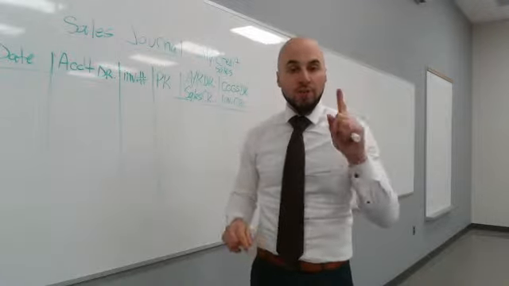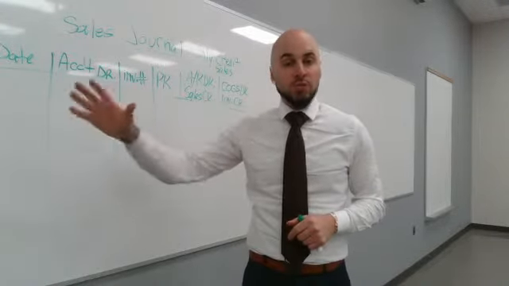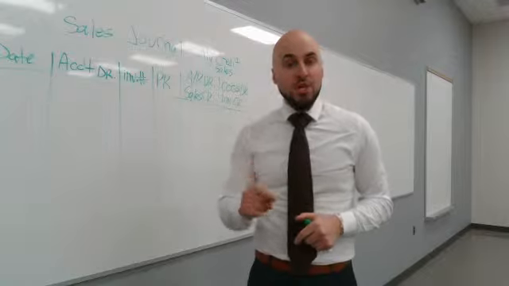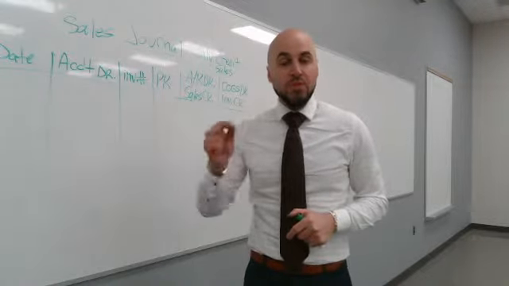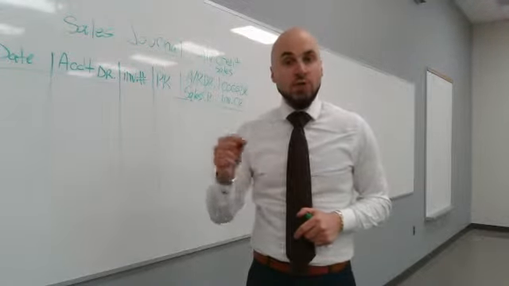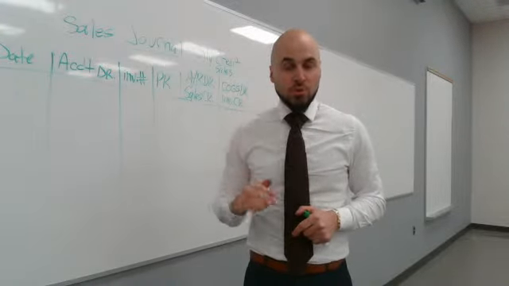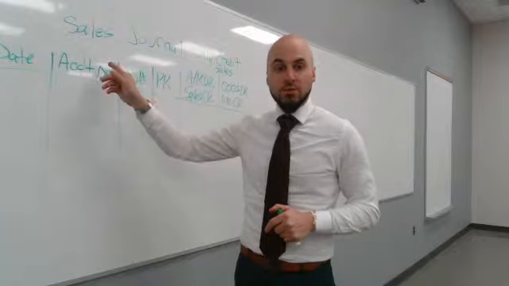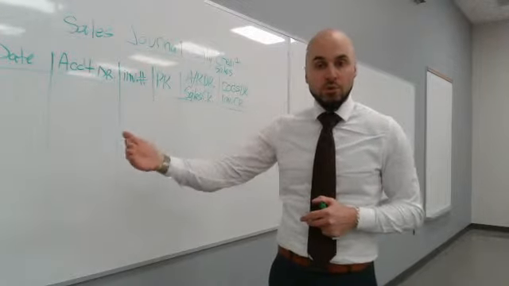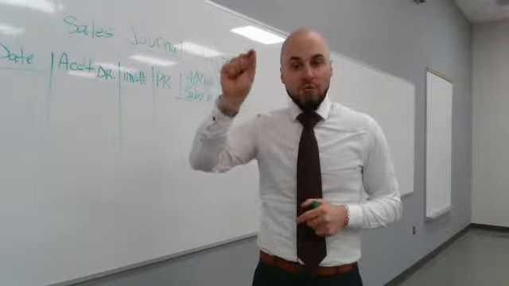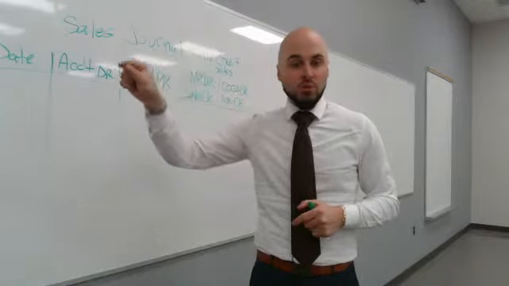So for now, let's talk about that first controlling account, accounts receivable, and the subsidiary accounts associated with it. The subsidiary accounts that go with it are each customer's accounts receivable. If we're making sales, who are we making the sales to? Our customers. And each customer will have their name dash accounts receivable.